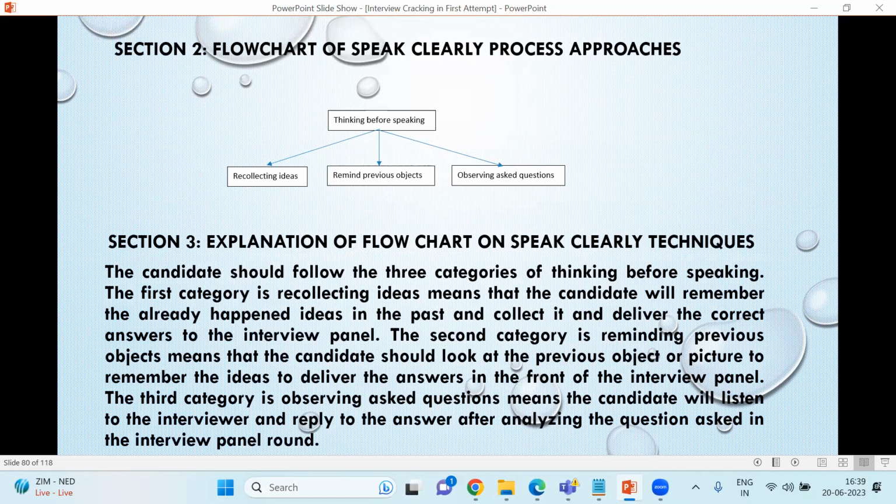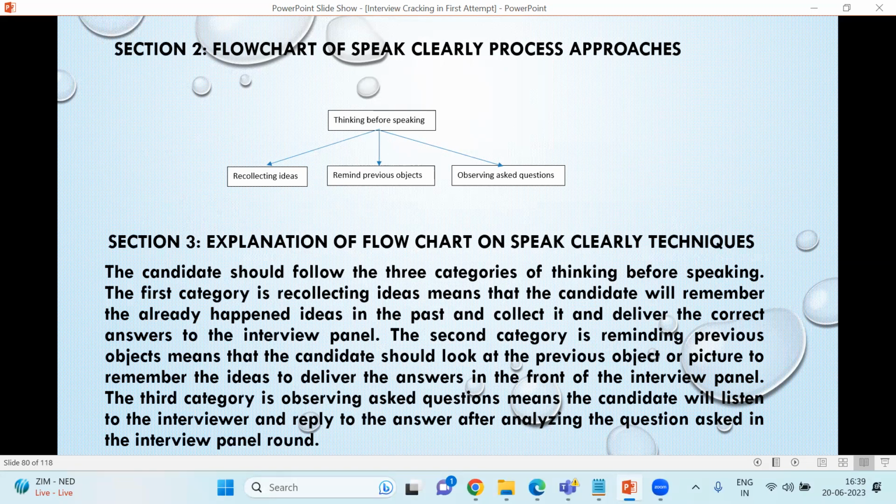Remind previous object: we need to look if the candidate is missing something or is not able to recollect the previous ideas. Some of the objects and substances they can easily recollect and give the right answers.